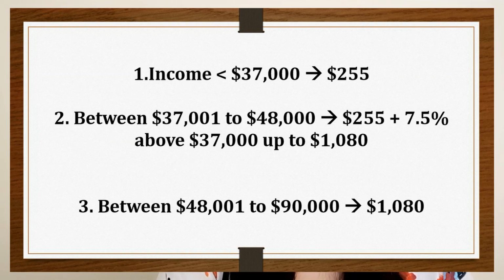For people who are earning between $37,000 to $48,000, they will get $255 plus 7.5% above $37,000 up to a maximum of $1,080. For people who earn between $48,001 to $90,000, they will get the full amount, which is $1,080.